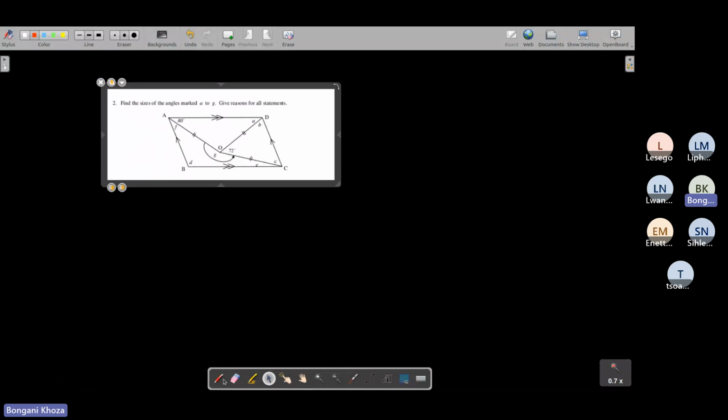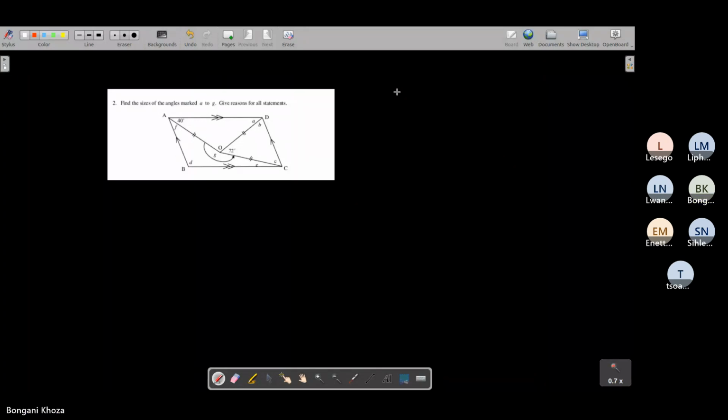All right. So we are trying to solve for angle F over here. So we can say we have angle A plus angle B supposed to be 180 degrees. These are co-interior angles, like that, because AD is parallel to BC.